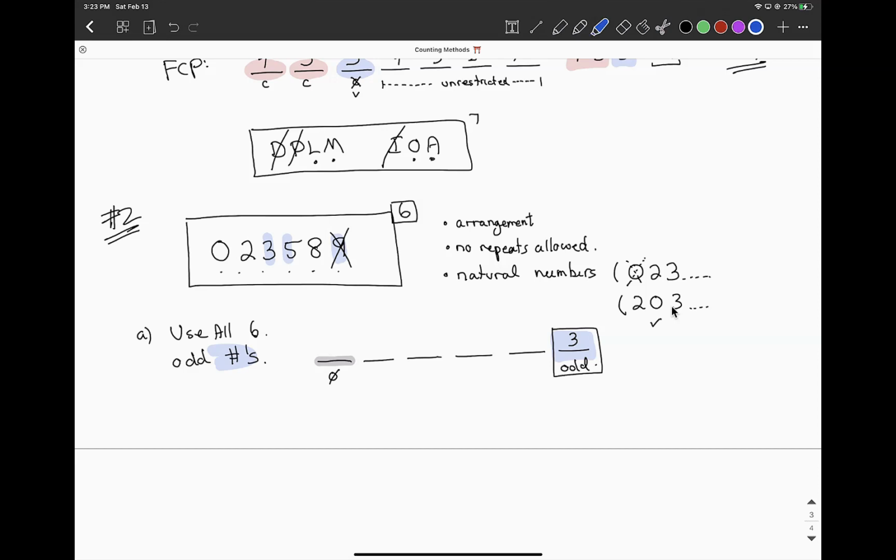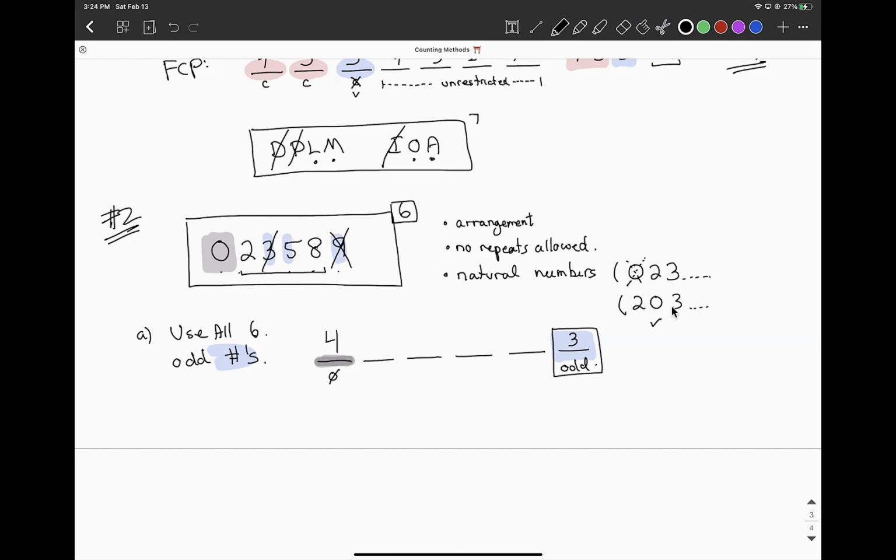Now, given that 0 is a non-cool number, it is not an acceptable way to start this spot. I am limiting down to only 4 quality choices left. One of them has to be selected to hold that position.